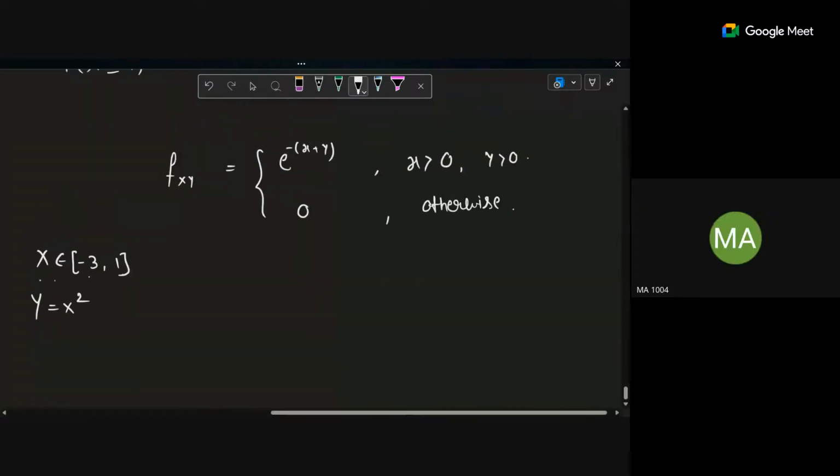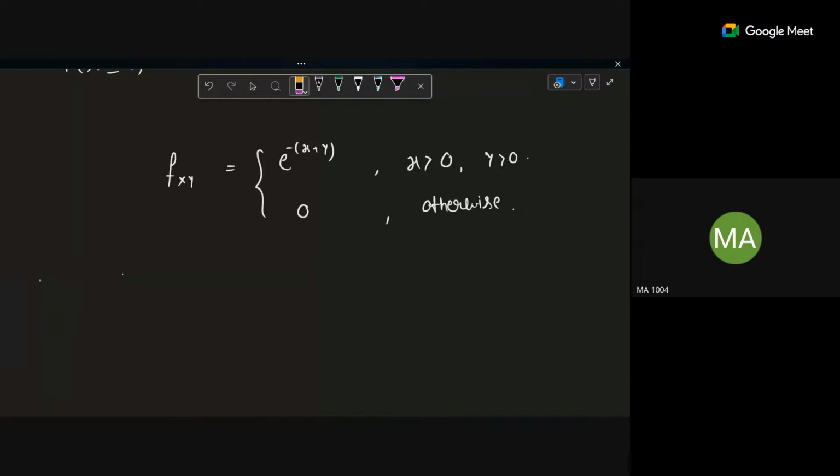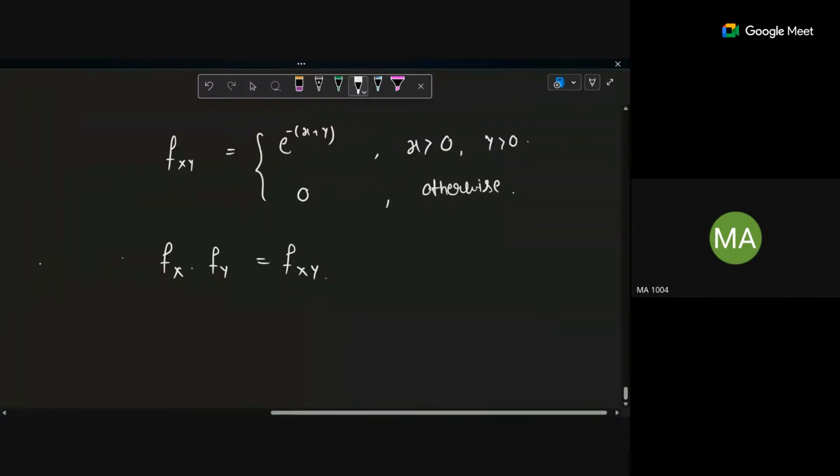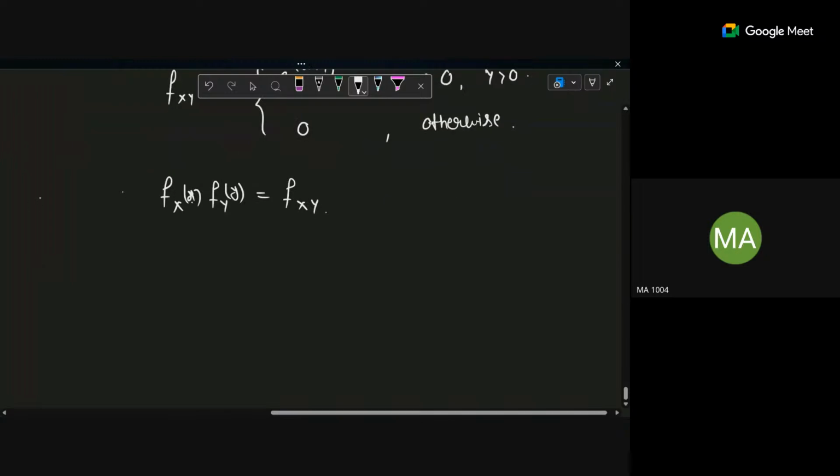Okay, ma'am. So to check whether x and y are independent or not here, the first task is to check whether the product of your marginal densities gives you your joint density or not. So how to find the marginal density here? Integrate with respect to y to get the marginal of x. What will be the limits of y? 0 to infinity.